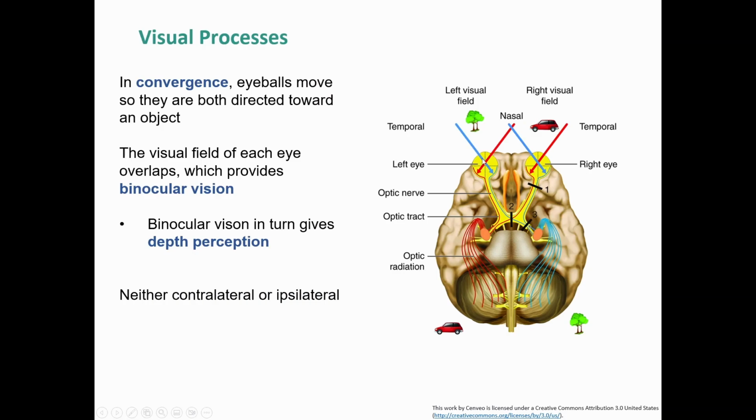So each eye has an ipsilateral side and a contralateral side. You could say it's neither, it's both. But it doesn't fit the contralateral or ipsilateral definitions explicitly. We see a blend in that both sides of the brain are receiving information from each eye to give us the entire picture.